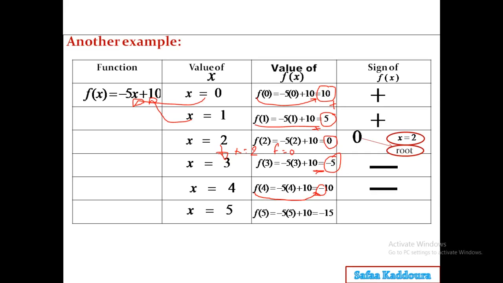At x equal 5, the sign of f is negative. Let's notice together. This is the root. Before the root, all the signs of f of x are positive. After the root, all the signs are negative. Okay?